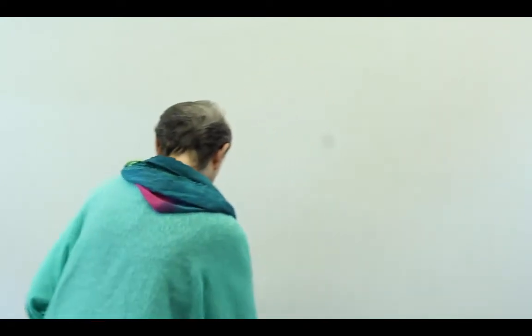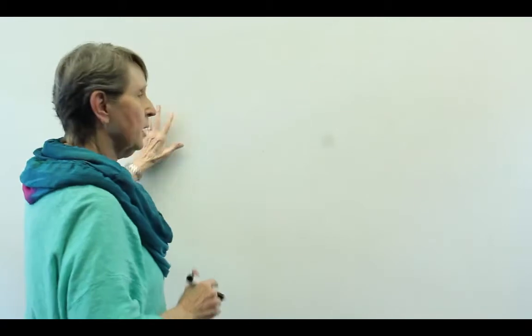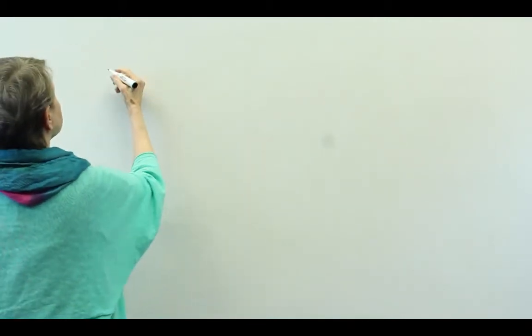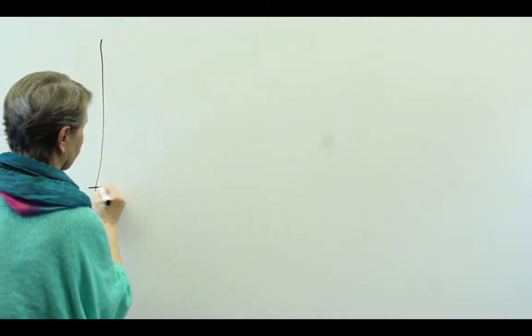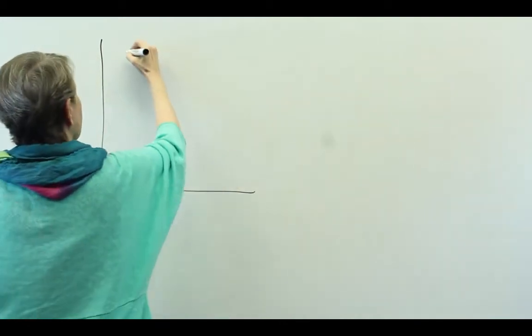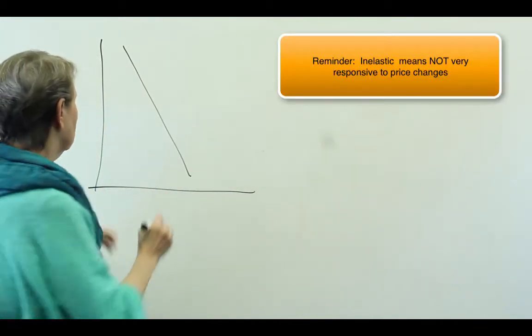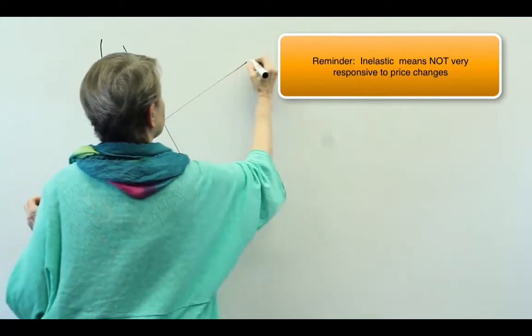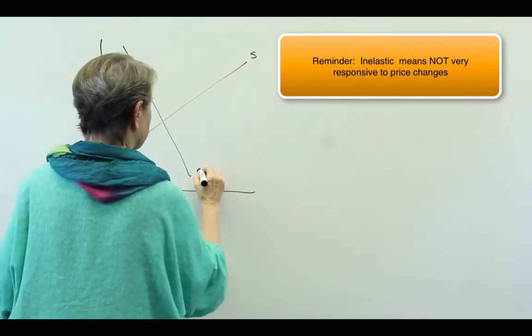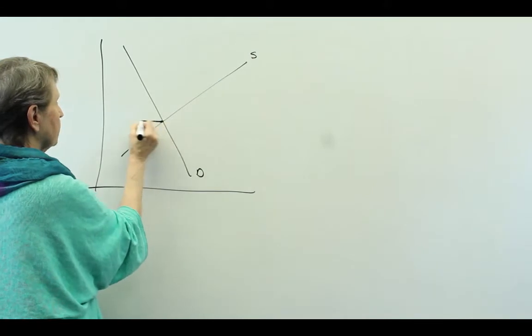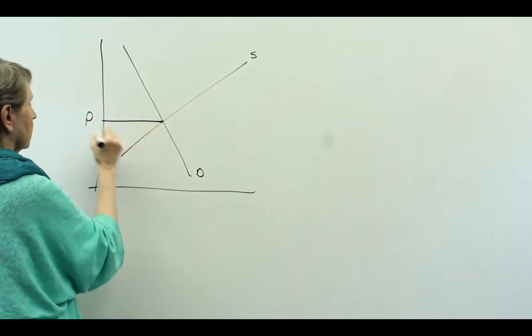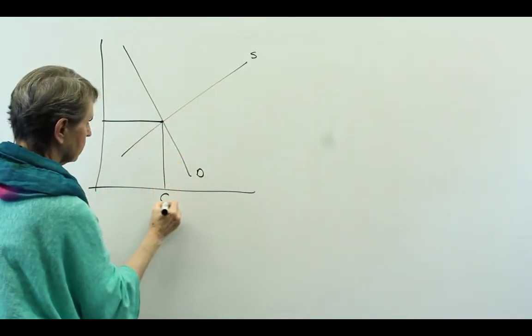So what I want to do is draw two different scenarios. One scenario is where the demand for this good is relatively inelastic. So there's demand, there's supply, here's the price, and here's the quantity.